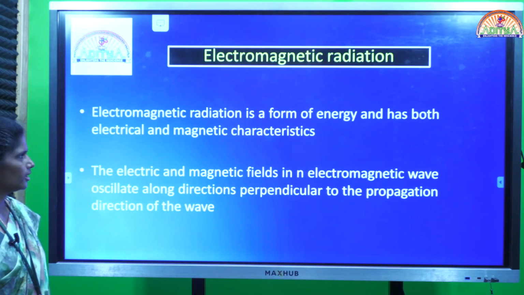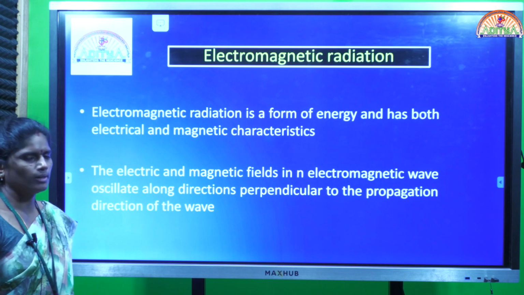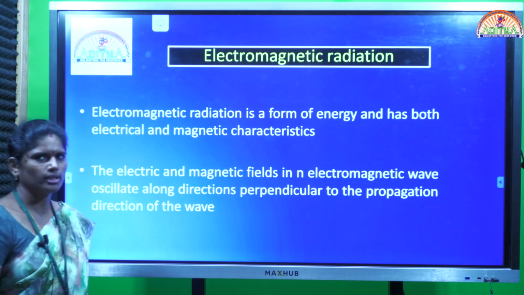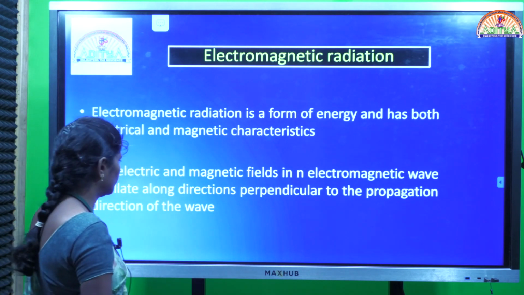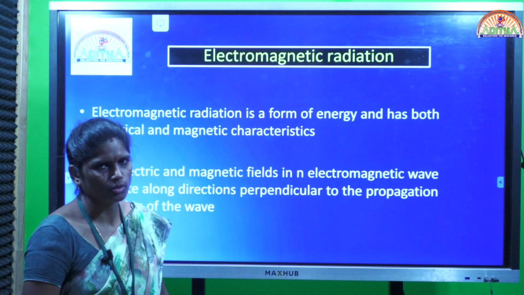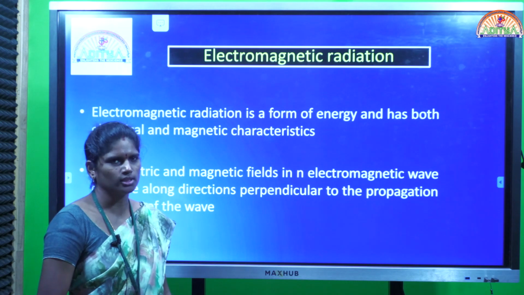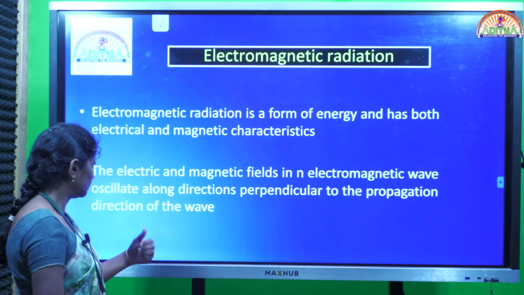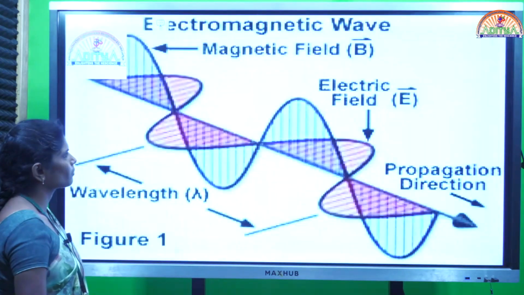So the electromagnetic radiation will have both an electrical component as well as a magnetic component, where both the components of this radiation will be oscillating perpendicular to each other, and also they will be perpendicular to the direction of propagation of the radiation or wave.